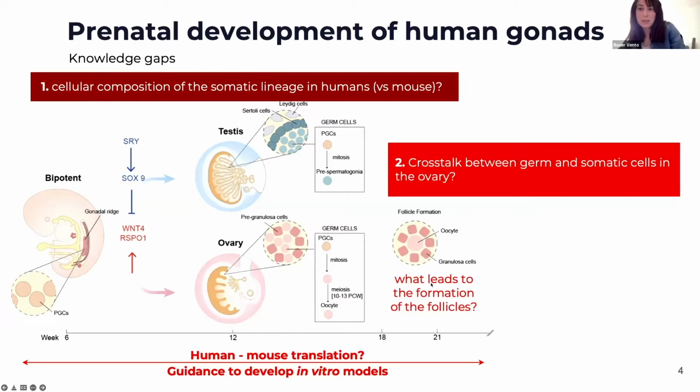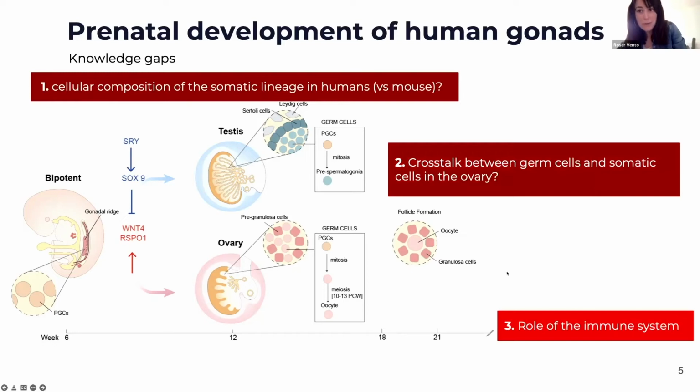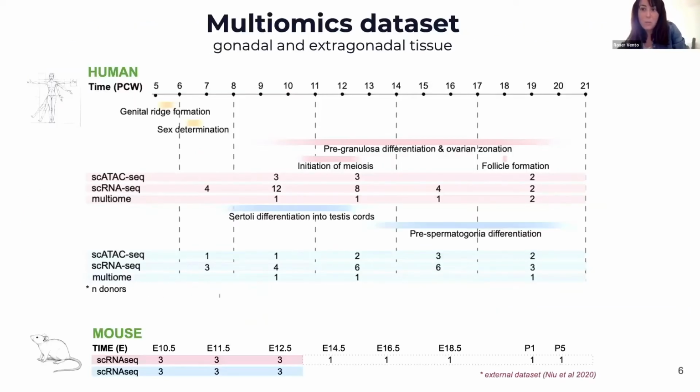It's also little known how these somatic cells talk with the germ cells, for example how they do this in the follicle, and this is relevant for knowing the conditions where these germ cells differentiate and important for the development of in vitro gametogenesis models. Finally, very little is known about the immune cells, and this is something we have looked at in our work, but I won't be presenting it today.